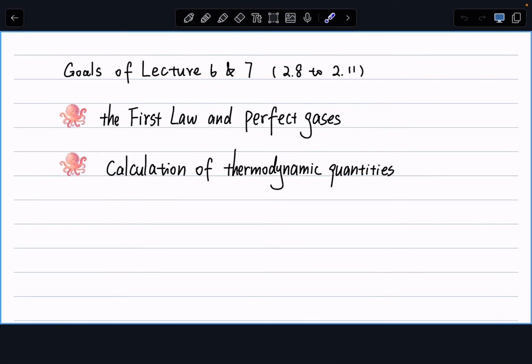Okay, so starting from this lecture, remember that in our previous lectures we went over definitions of the first law of thermodynamics. We went over the definition of work and heat, which are two process-dependent functions in thermodynamics, right? Work and heat are only defined for a specific process. There must be a transformation so that we can define work and heat.